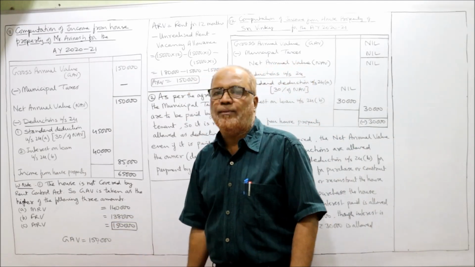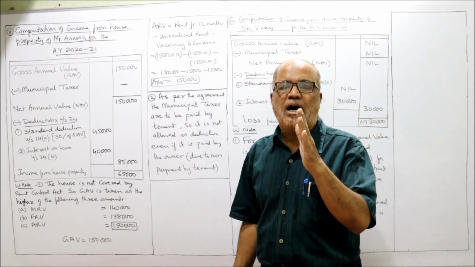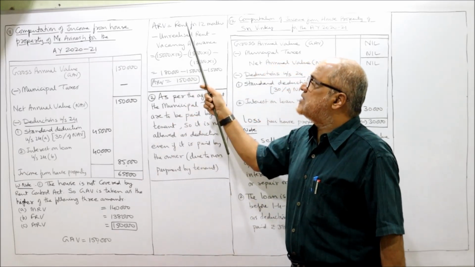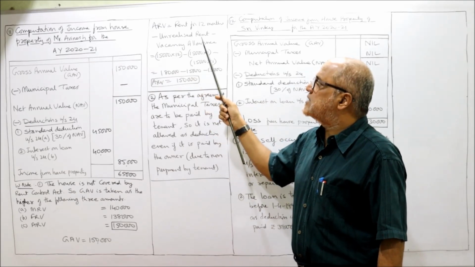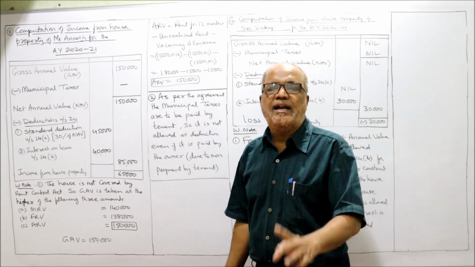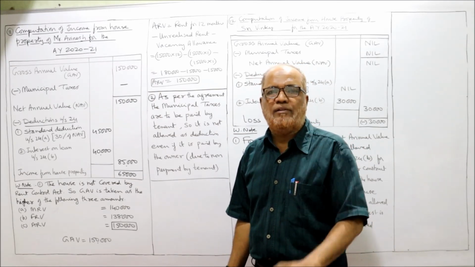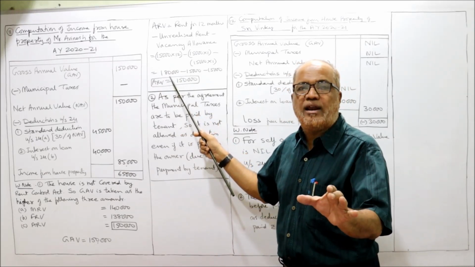Now, ARV. ARV is not directly given. We have to calculate because there is unrealized rent and there is vacancy allowance. So ARV is equal to rent for 12 months minus unrealized rent minus vacancy allowance. So 15,000 into 12, 1,80,000 is the annual rent.